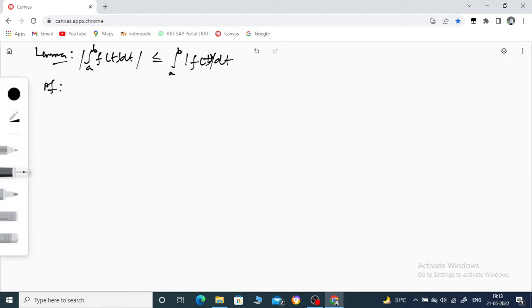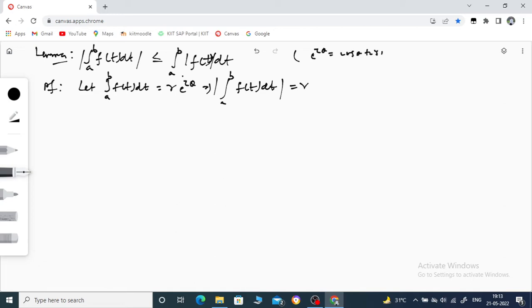So let integration from a to b f of t dt be equal to r e to the power i theta. This implies the modulus of integration from a to b f of t dt will be r, because e to the power i theta modulus you know already. e to the power i theta means cos theta plus i sin theta.